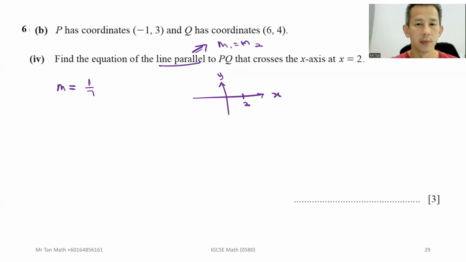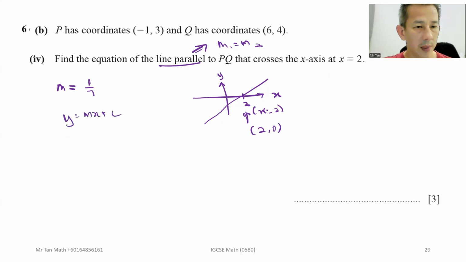So it's positive, therefore your graph would look something like this. It passes through x equal to 2, so the coordinate here is 2, 0. So if y equals mx plus c, when your m equals 1 over 7 and the point is 2, 0, so 0 equals 1 over 7 times 2 plus c.